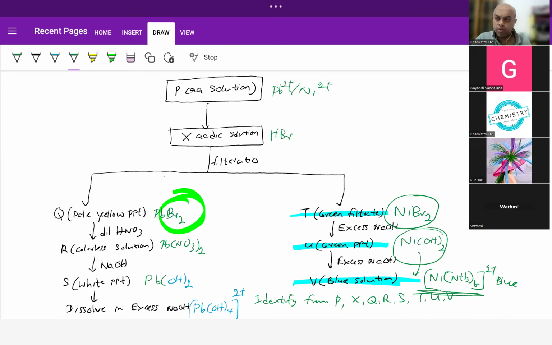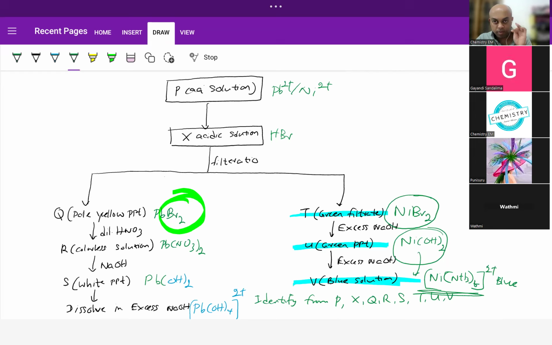So Ni(OH)4 2+ is also blue color. And left hand side, Q is lead bromide, and it is dissolved in HNO3. This is the halogen identification test, if you can remember, right? So lead nitrate is formed.